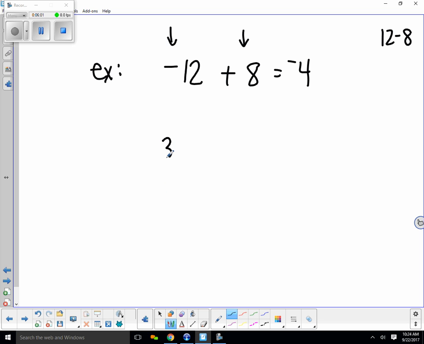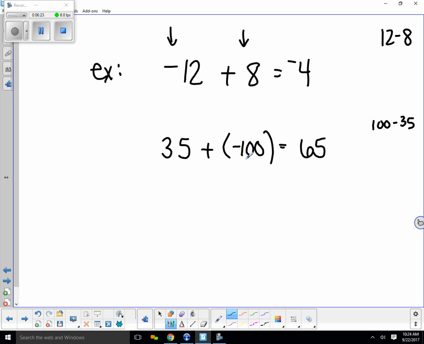Let's say we have 35 plus a negative 100. Okay? In this case, my 100 is the larger number, so in my head or off to the side, I'm going to take 100 and subtract 35. And what is that? 65.